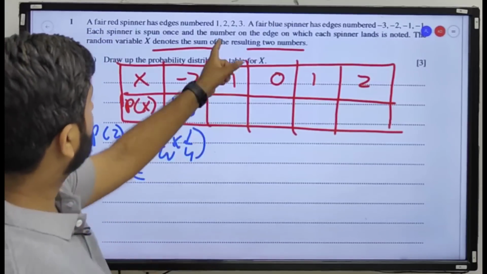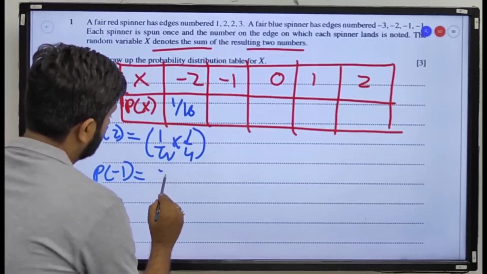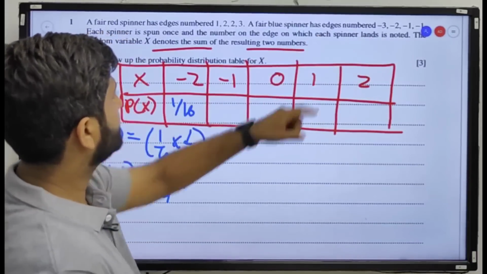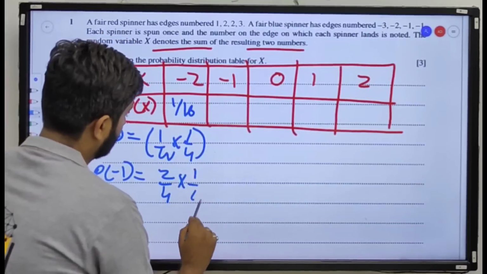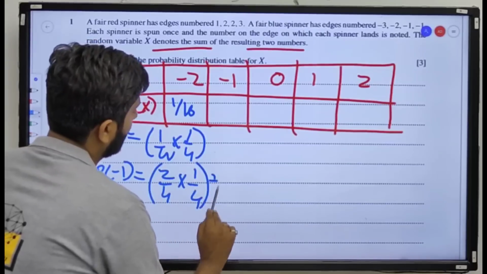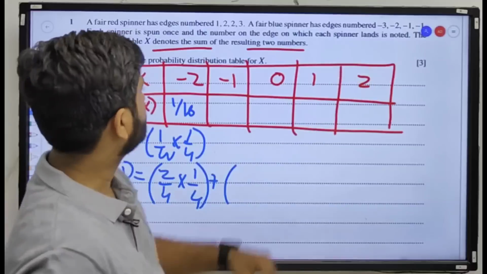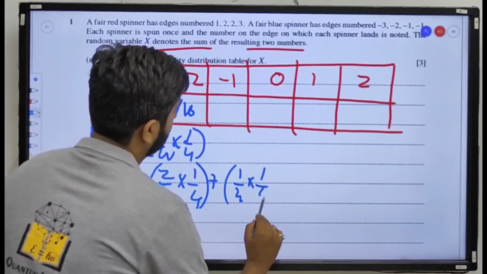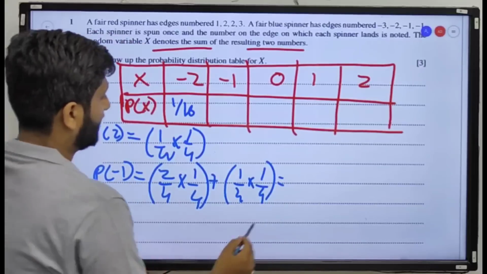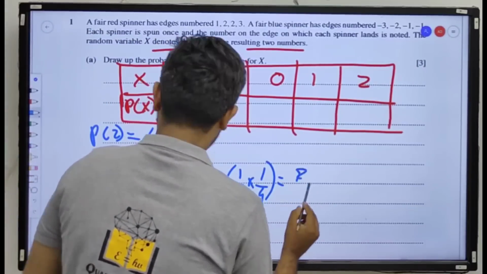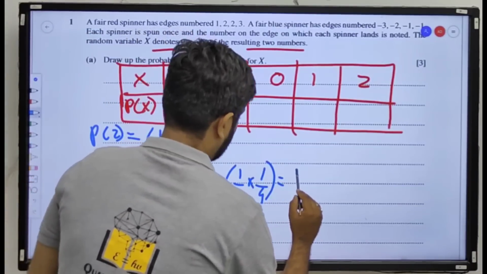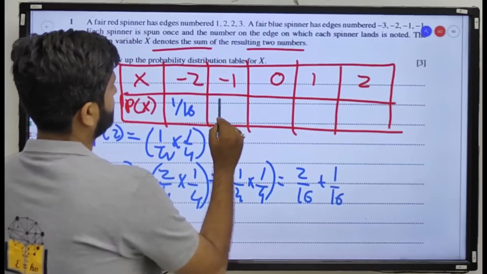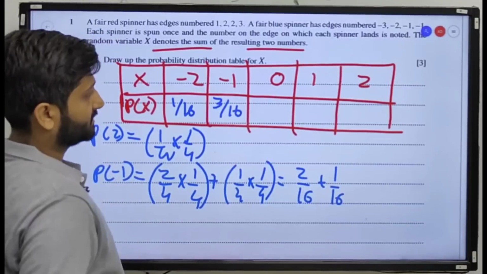So for 2 it is 2 by 4, and for -3 I have 1 by 4. Do I have any more? I have 1 and -2, so 1 by 4 into 1 by 4. So in total, 2 by 16 plus 1 by 16, which is 3 by 16.